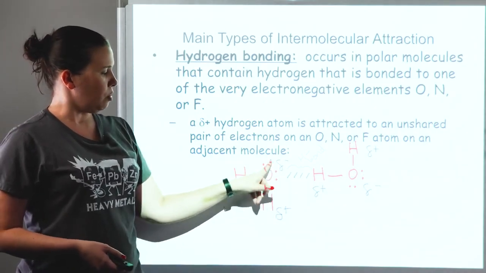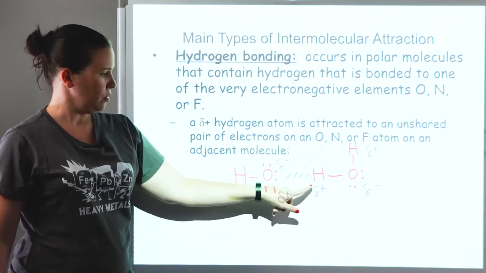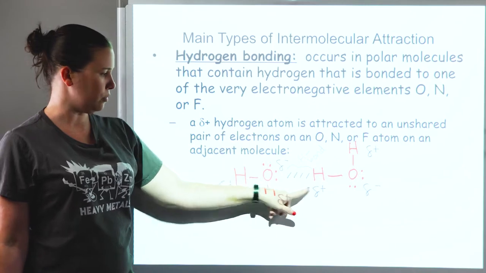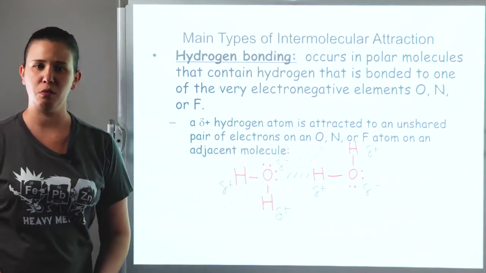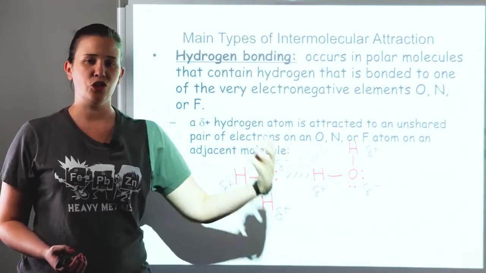Because what that means is this partial negative is way more negative than any other type of dipole, and this hydrogen is much more positive than other types of dipoles. So we have a great difference in charge. And as we talked about before, whenever you have a big difference in charge, you're going to have an increased strength here.